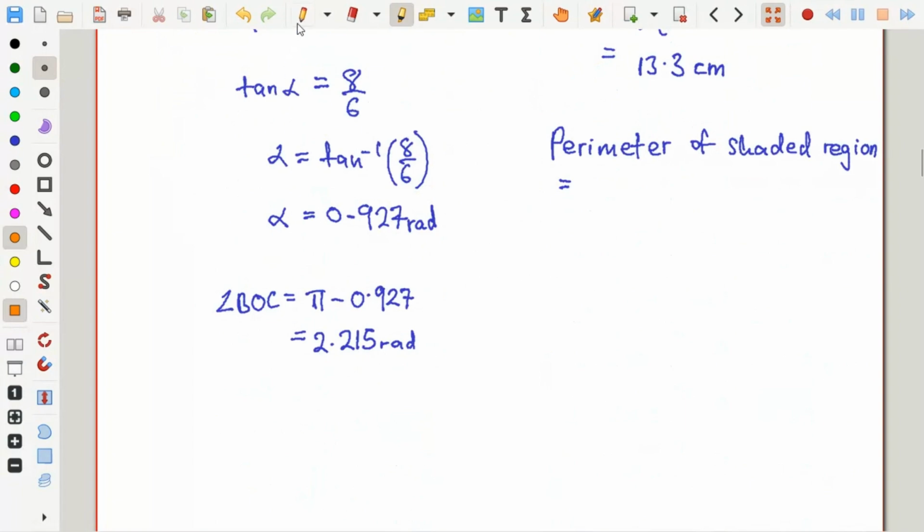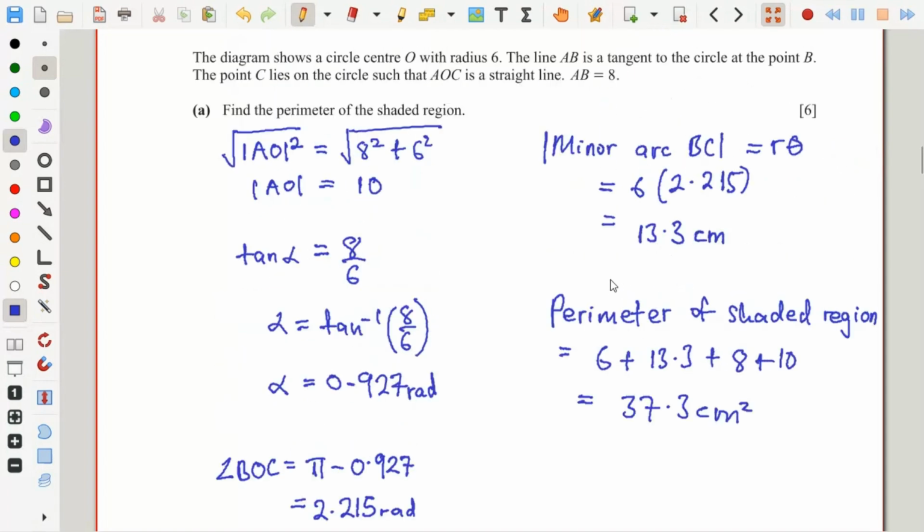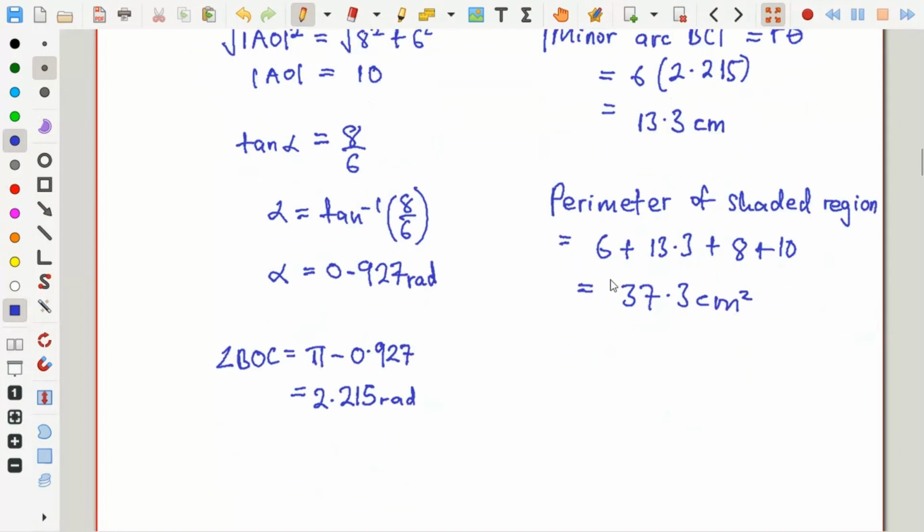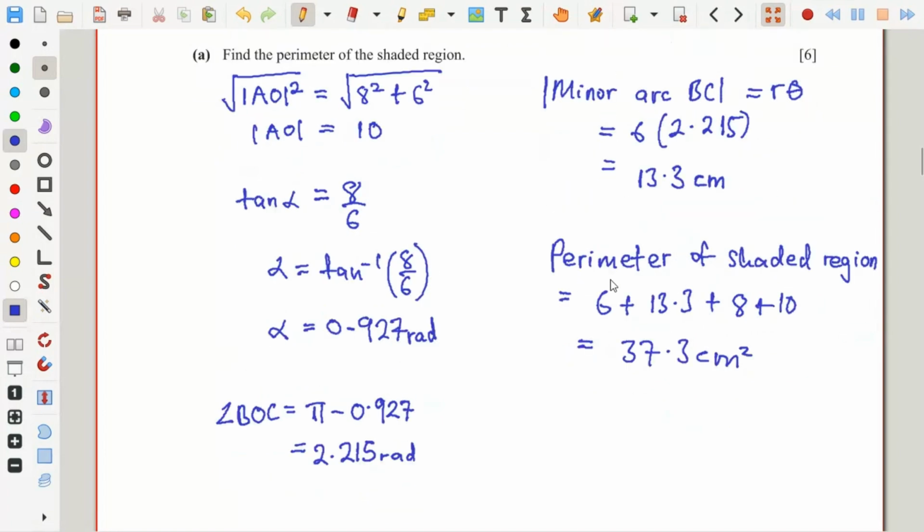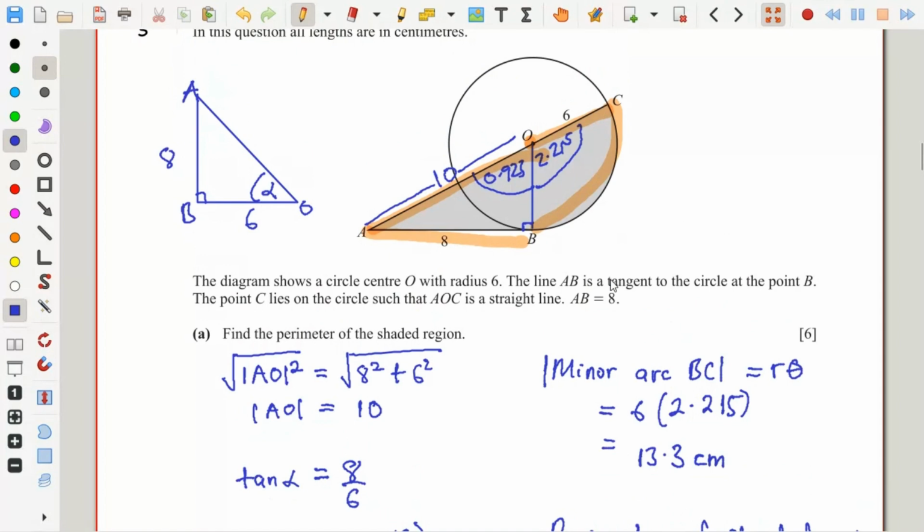Okay, let's follow the same thing. 6 plus 13.3 plus 8 plus 10. So when we add this, we are going to get 37.3. Okay, so we are done with the perimeter. Well done.